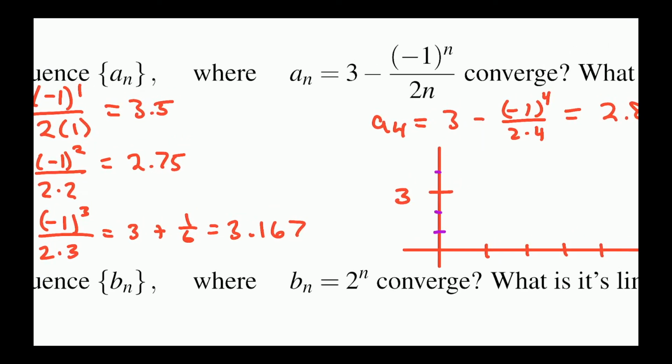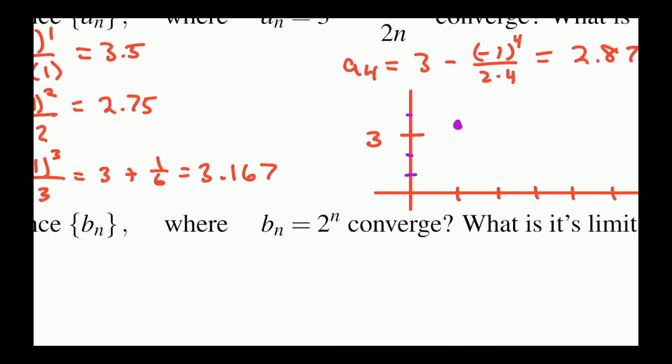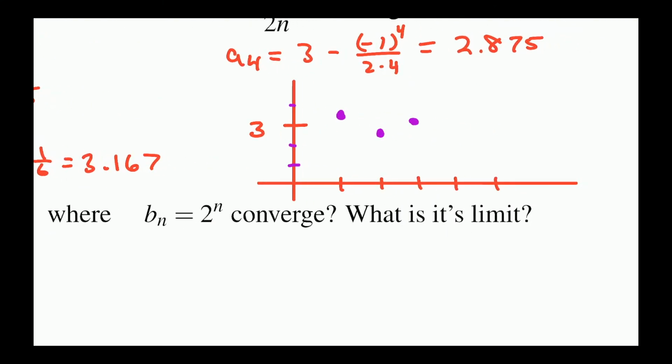So 3.5 would be halfway in here, about like that. Then 2.75 is your next one, which would be 3/4 of the way there. And then 3.16 is going to be above 3, and then below 3, then above 3.